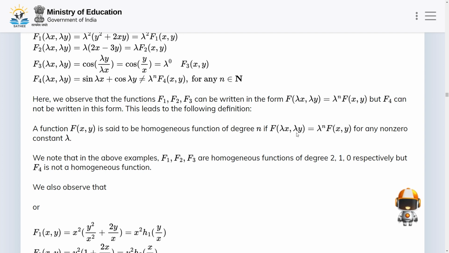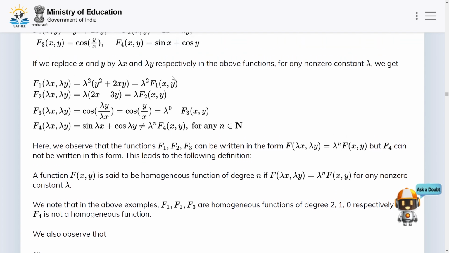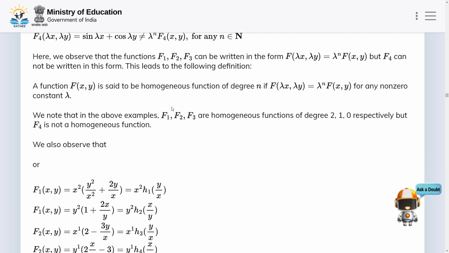If you can write your function in this form, then your function must be a homogeneous function of degree n. Also, we are taking this lambda to be non-zero. Clear? I hope it is clear. So as you can see, f1 is homogeneous of degree 2, f2 of degree 1, f3 of degree 0. Clear?